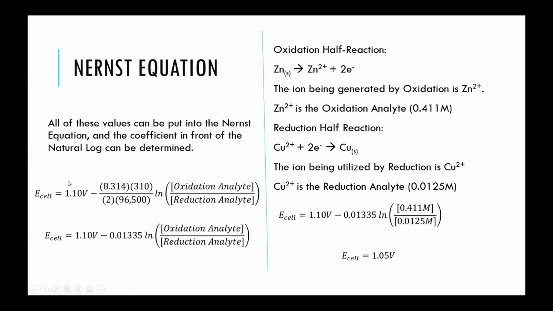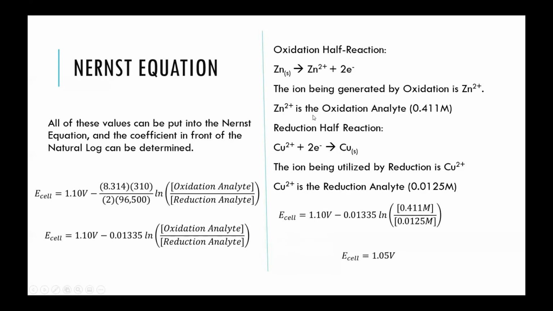So we can plug all of these components into the equation, and we're left with just figuring out what the oxidation analyte is and what the reduction analyte is. So in the full chemical reaction, zinc ion is being generated, and that's what goes on top into this oxidation analyte.